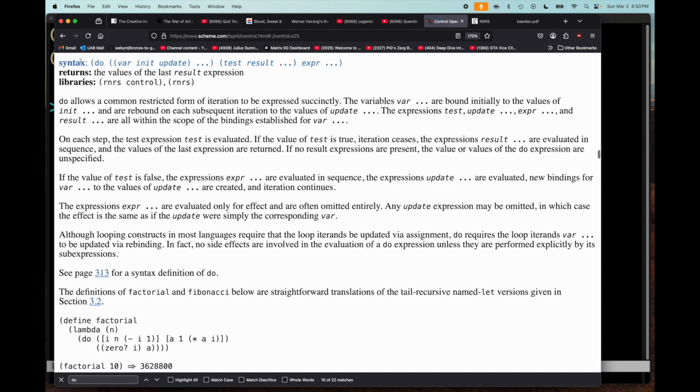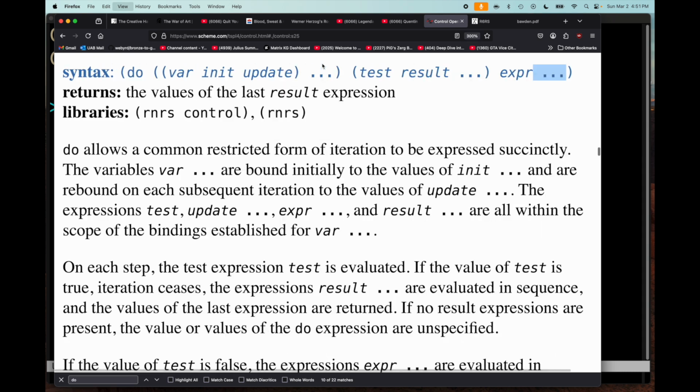All right, here you go. Syntax: do, var, init, update, test, result, and then expr. When you have an expression followed by an ellipsis in the syntax, that means that there are zero or more occurrences of the thing in front of it. So this actually means zero or more expressions.